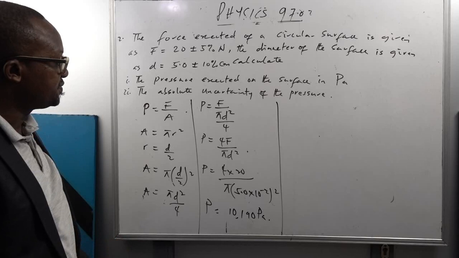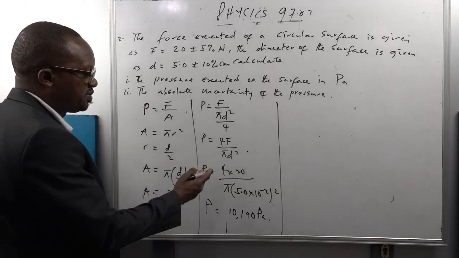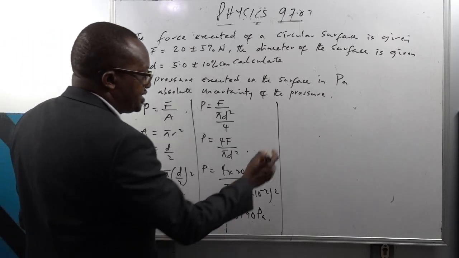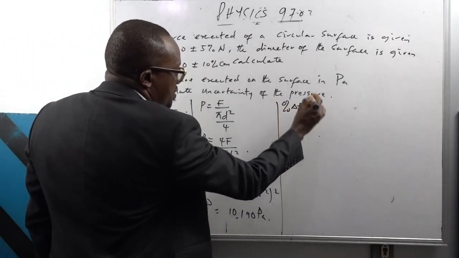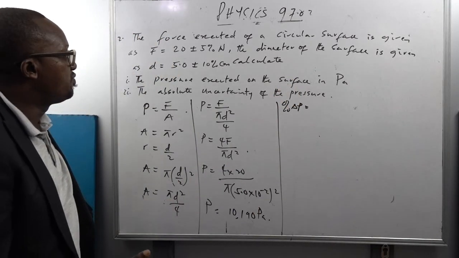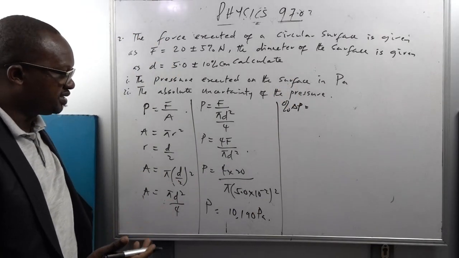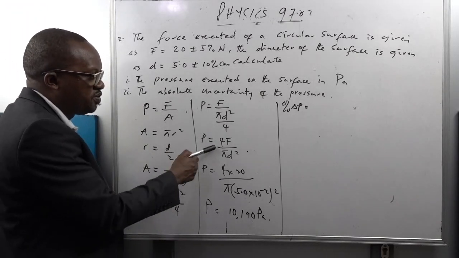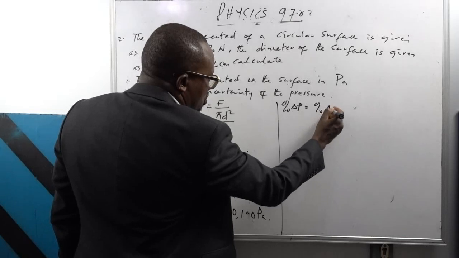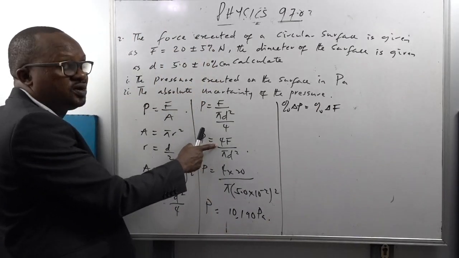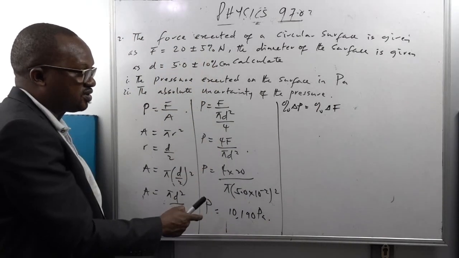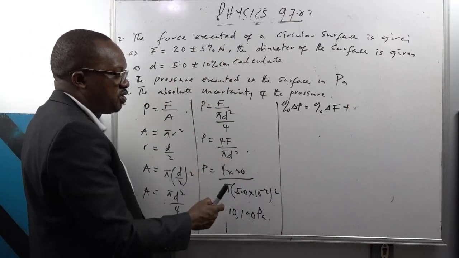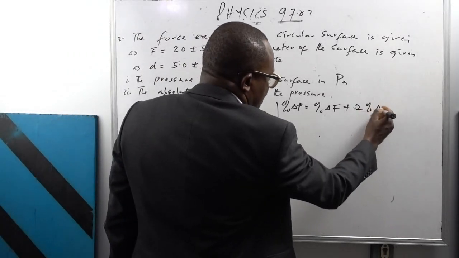Now we have said that if a reading is obtained from multiplication and division, the percentage of certainty of your calculated reading will be equal to the addition of the percentage certainties of its constituent readings. So here, the percentage of certainty of pressure will be equal to the percentage of certainty of force. You don't need to put times 4 there because this 4 is a number. It's not a physical quantity. Plus pi is a number, it's not a physical quantity. Plus 2 times the percentage of certainty of diameter.